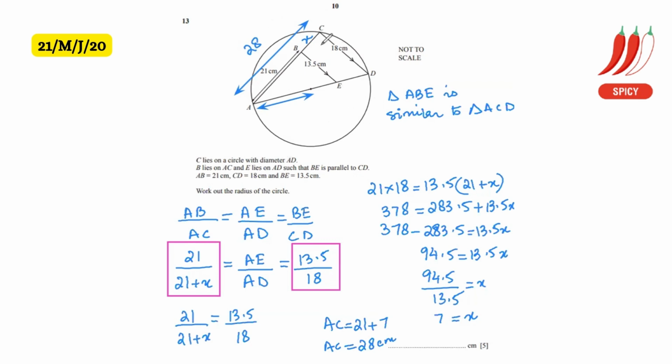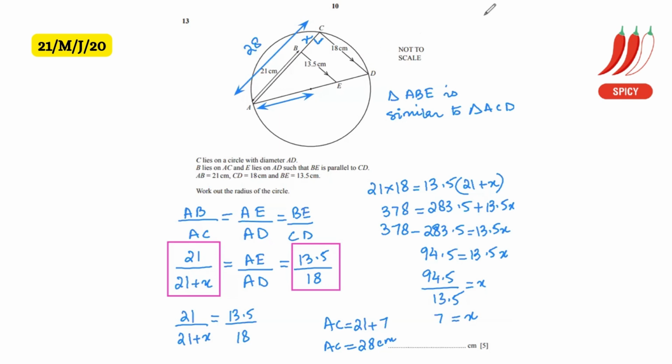It's a right angle because AD is the diameter, because it's passing from the center and both the sides of the length are touching the circumference, and any angle coming out of the diameter that is touching the circumference as well is 90 degrees, which is one of the circle theorems. Angles in a semicircle are equal to 90. So it's a right angle triangle.